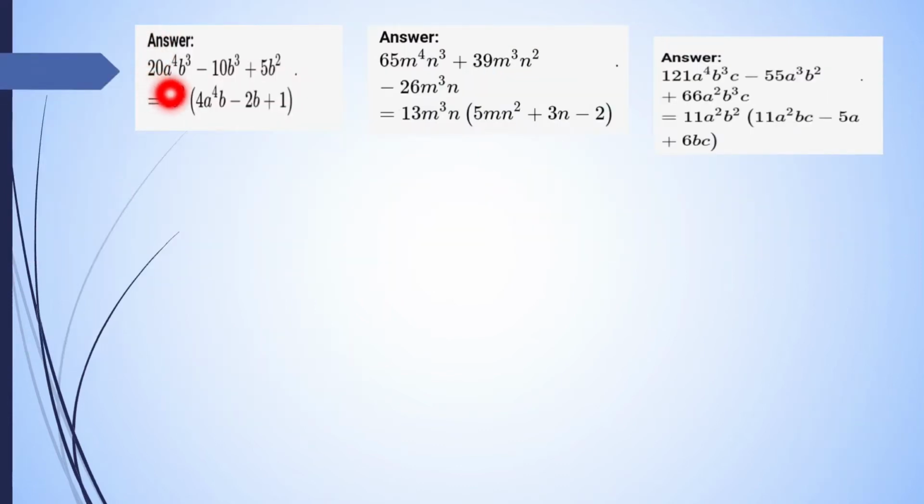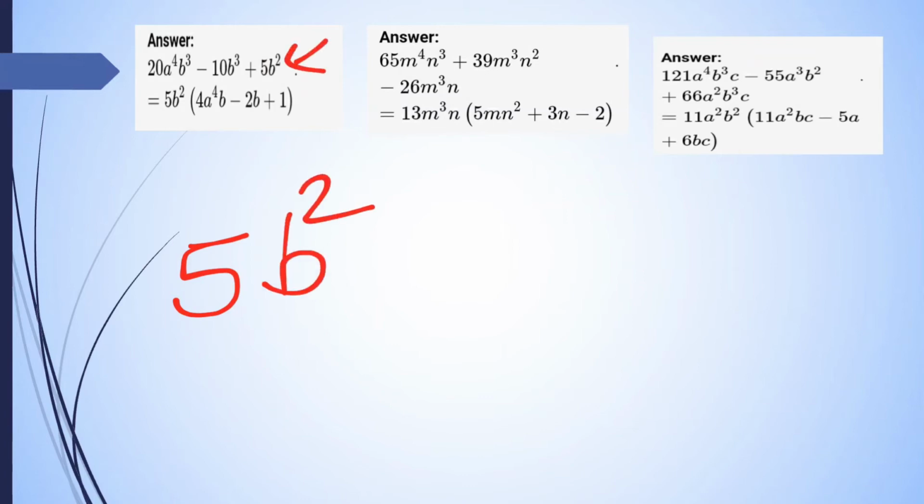20a to the power 4 b to the power cube minus 10b to the power cube plus 5b square. Now here you can see 20, 10 and 5 are multiples of 5, so we will take common 5, and you can see here a is not present, so we will take common b square, because b square is the lowest power present here in the last term.